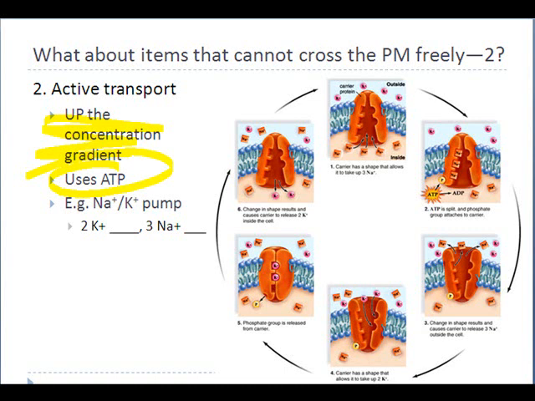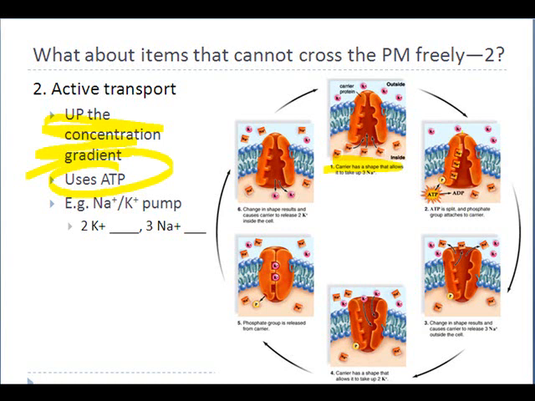Now, a very common example of this active transport is the sodium-potassium pump. A very important carrier protein is required, and in the first image you can see that the carrier has a shape that allows it to take up the sodium. Notice when the sodium attaches, how many sodiums are there?